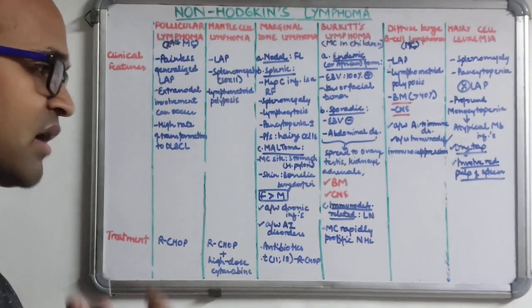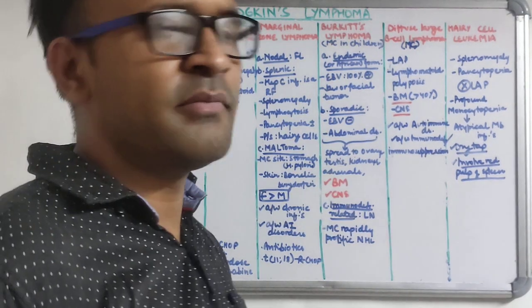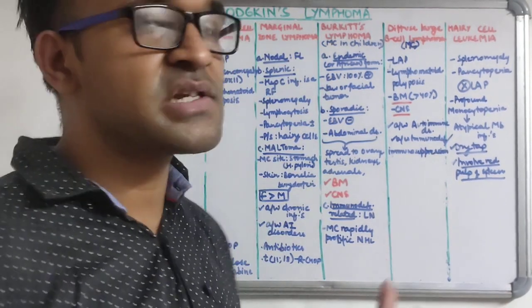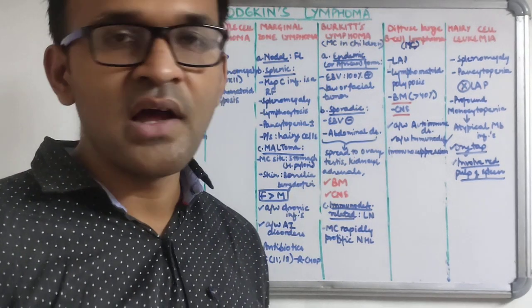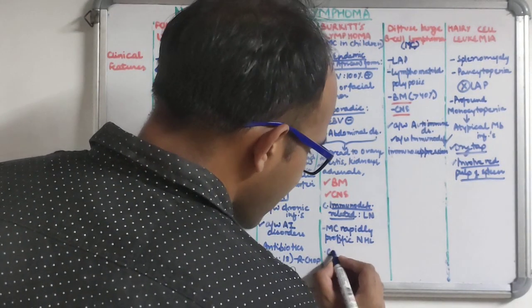For Burkitt's lymphoma, usually R-CHOP is not sufficient. There are many regimens which are given for Burkitt's lymphoma, but all of them contain high dose cyclophosphamide. There is one regimen called the CODOX-M/IVAC regimen.